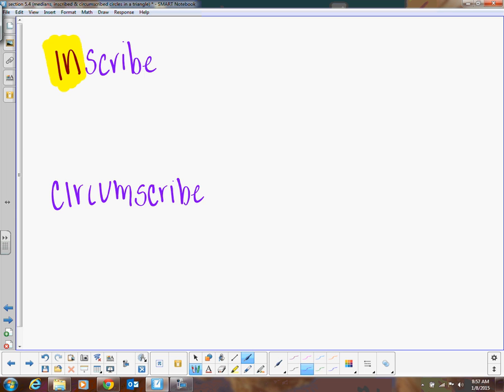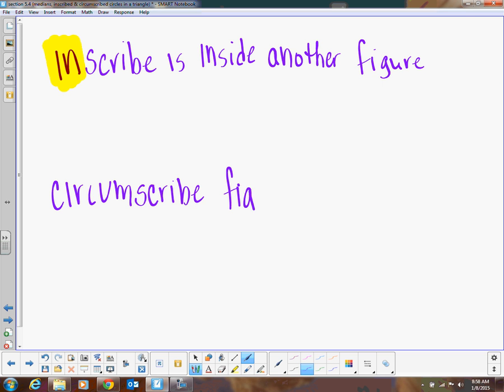So whatever you're inscribing is inside another figure. So if you're going to inscribe a circle, that means the circle will be inside whatever figure they have. When you circumscribe, that means that the figure will be outside.